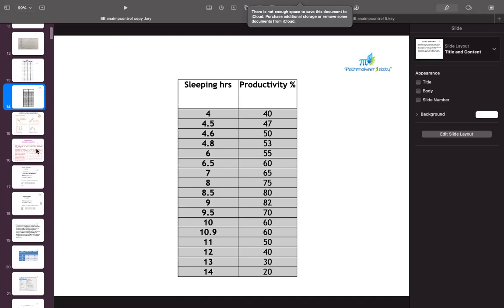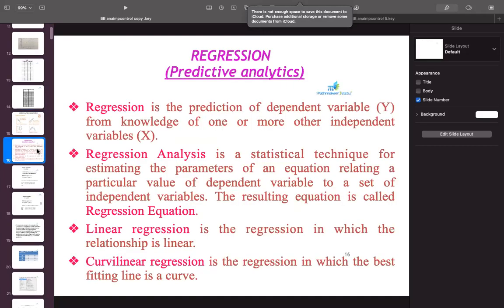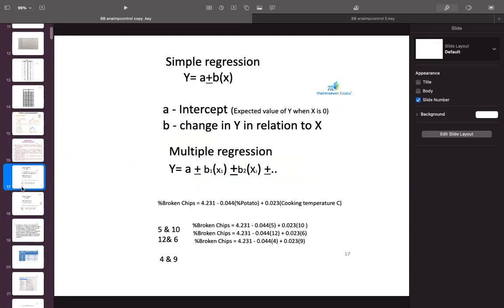Now, we have already discussed regression, predictive analytics, right? The prediction of a dependent variable from the knowledge of one or more other independent variables. So prediction of the dependent variable, that is what we're going to do from that. There is simple regression, multiple regression.